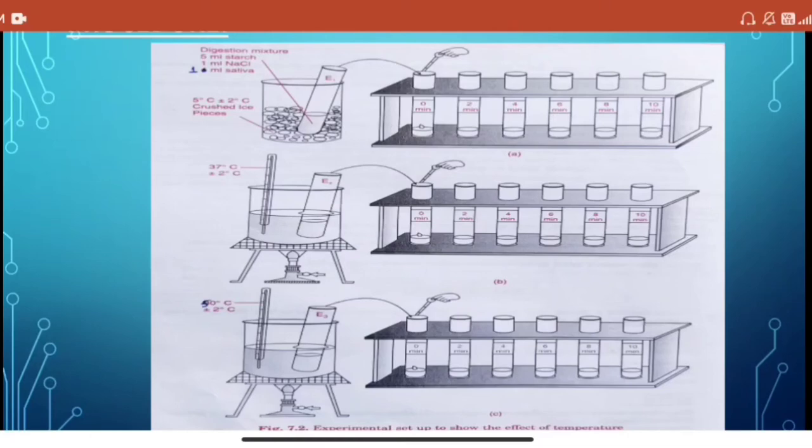For the third setup we will observe it close to 10 to 12 minutes, and for the first setup we will observe the change of the color close to 14 minutes.